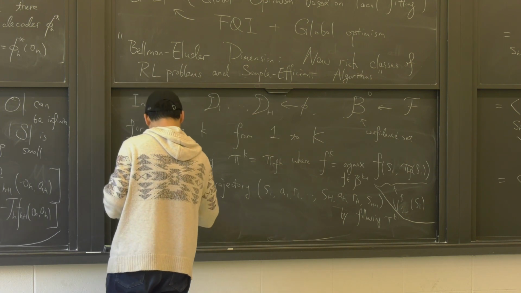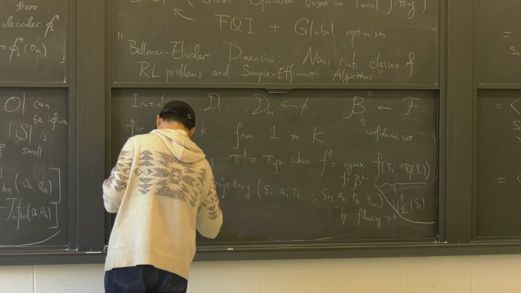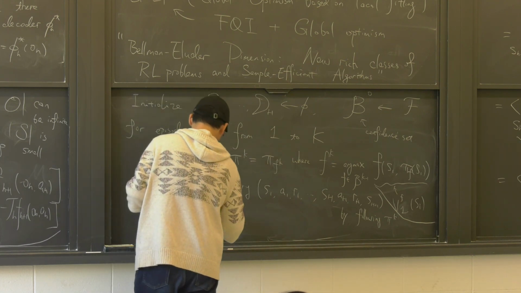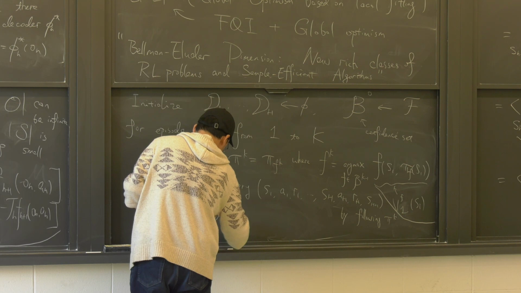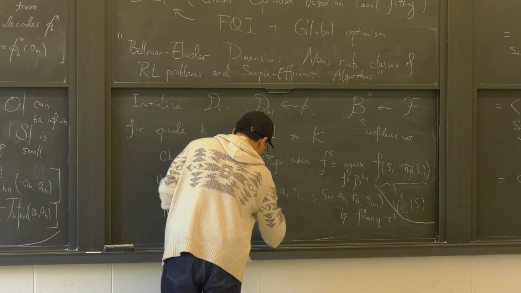And augment data: DH is equal to the original data set union with one new data point.